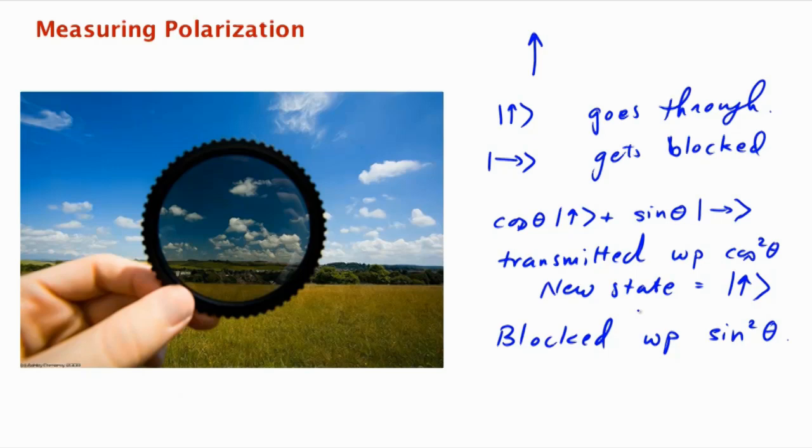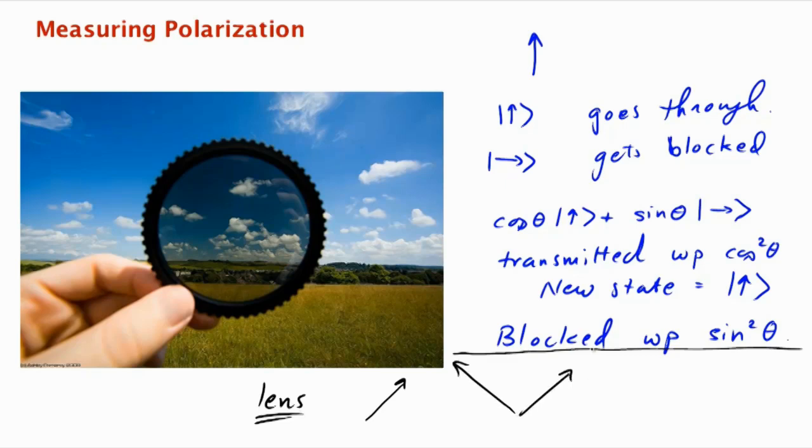For example, if you rotate the lens so that it's oriented at 45 degrees, that corresponds to a measurement in this basis. Photons which are polarized diagonally like this are transmitted. Photons which are in this orientation get blocked. Okay, so let's see an example of this.